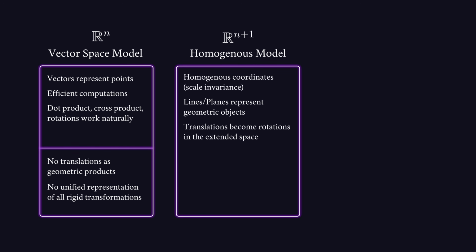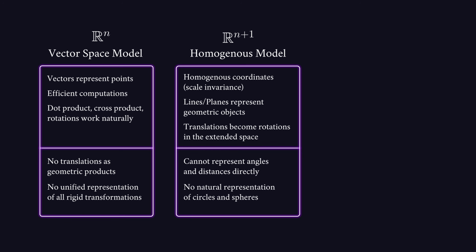And then in this model, lines and planes represent actual geometric objects. And in this case, translations become rotations in the extended space where we added one dimension. But here we have the problem that we cannot represent angles and distances directly, and circles and spheres also have no natural representation.